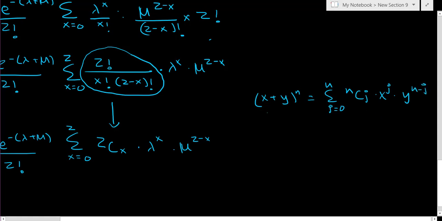This is your expansion for (x + y) to the power of n, and you know this. This is a very standard formula.